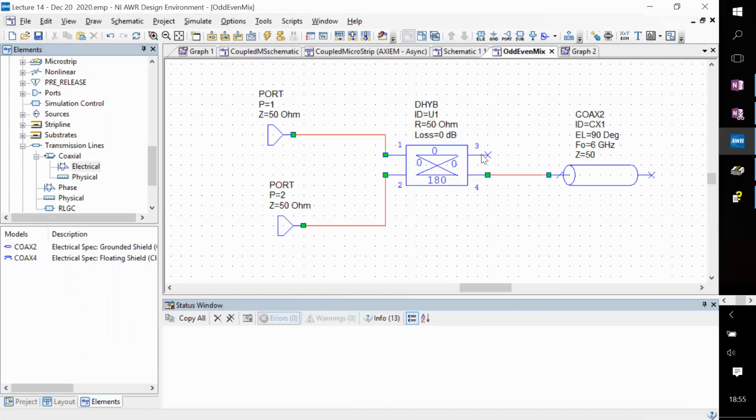What's going to happen? This wave on 3 is going to reflect with +1, but this wave on 4 is going to travel, accumulate a certain phase, and then come back with a different phase. And that phase will also be different for different frequencies because it's a fixed length of transmission line. So the phase accumulated will be different.